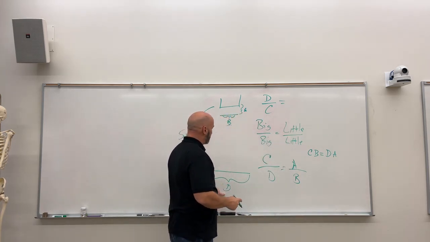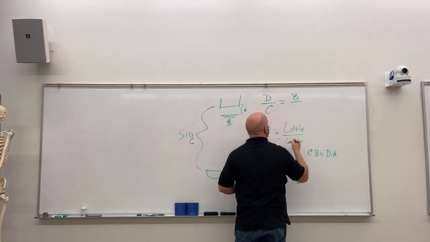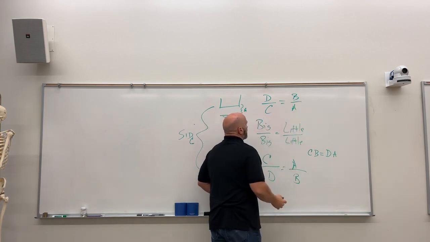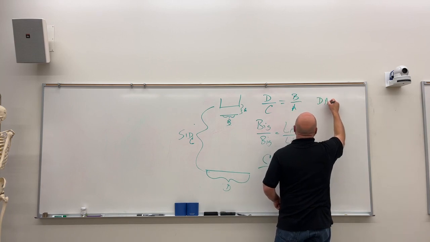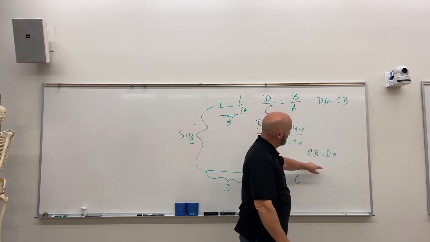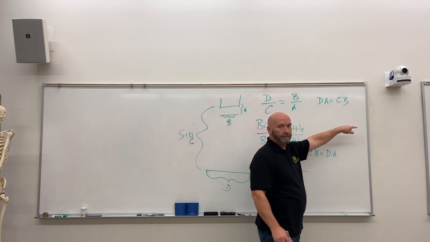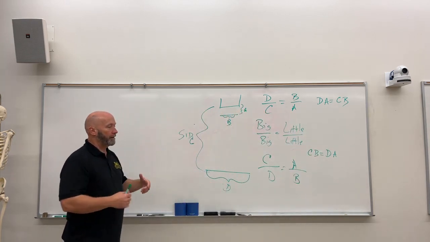So D was most similar to B. And that is going to leave A. So now you cross multiply and you've got D times A is equal to C times B. D times A is equal to C times B. Exactly the same, okay? So any kind of ratio problem is like that.